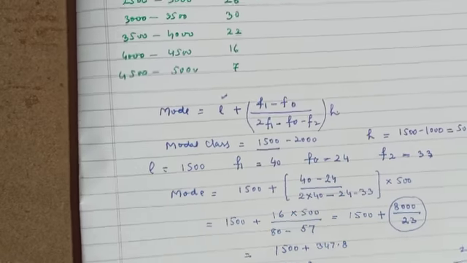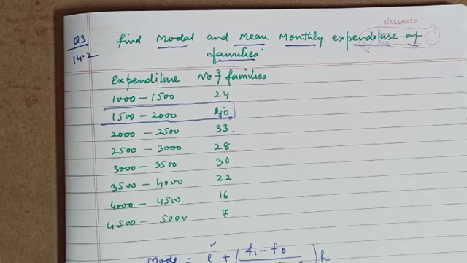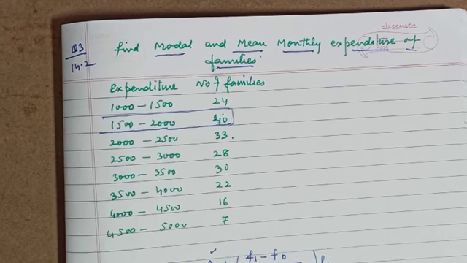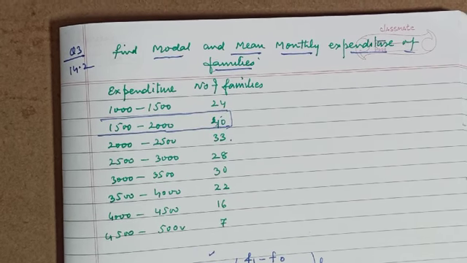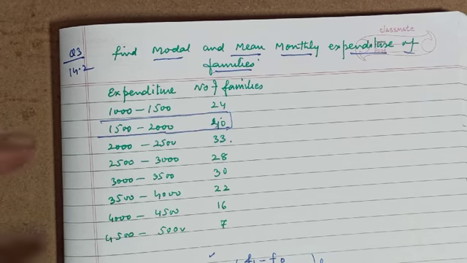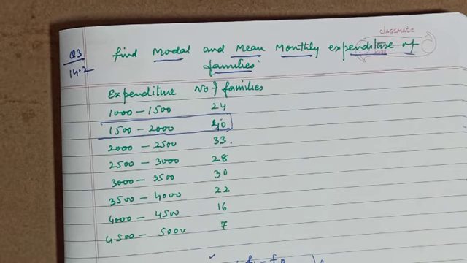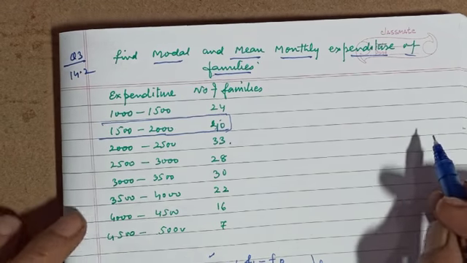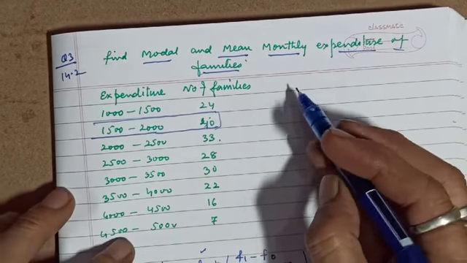Now we have to calculate the mean. In order to calculate mean, we can use any method other than direct method, because these values are quite big. So we will use assumed mean method.